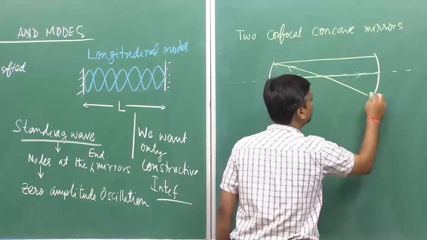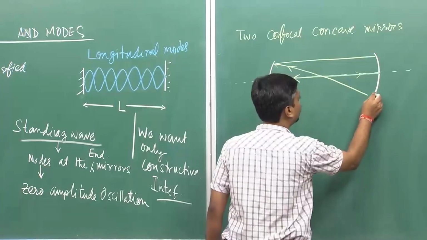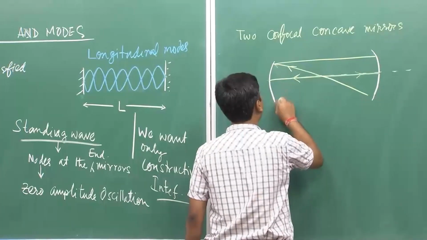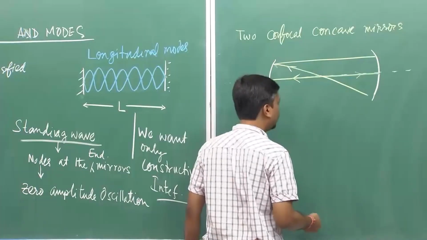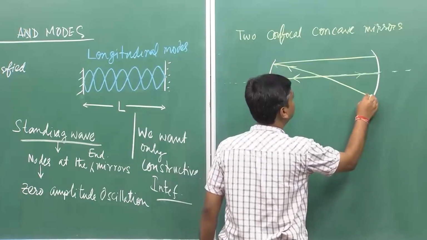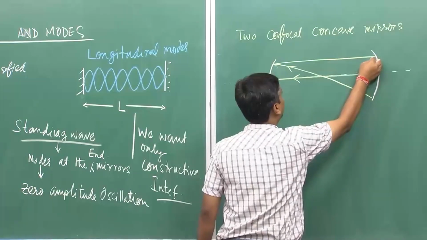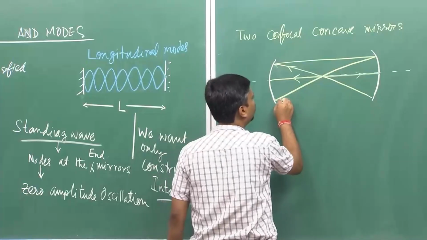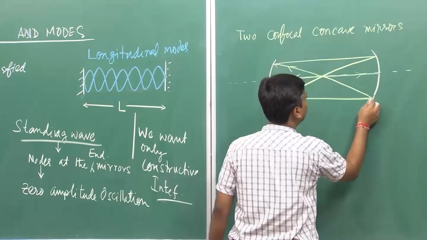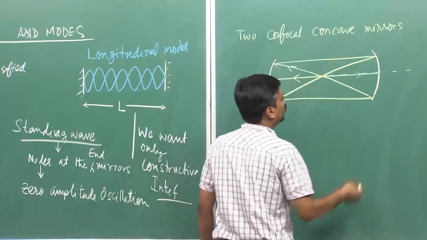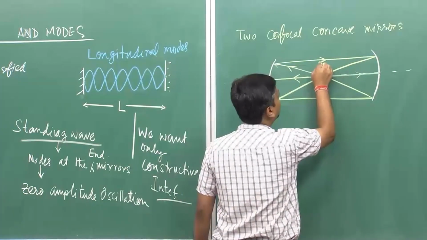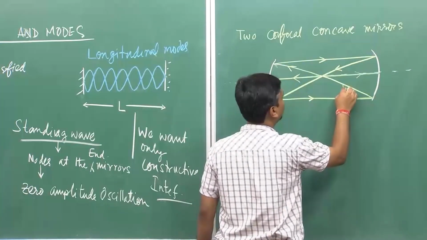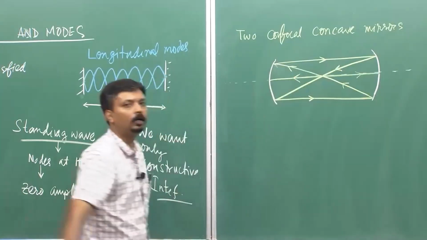So, suppose this is coming from here, so it will go here, and then again it will pass through the center, hit here, then it will become parallel to the axis, and then again it will follow. So, it will follow a route like this, okay. So, it is not getting lost.